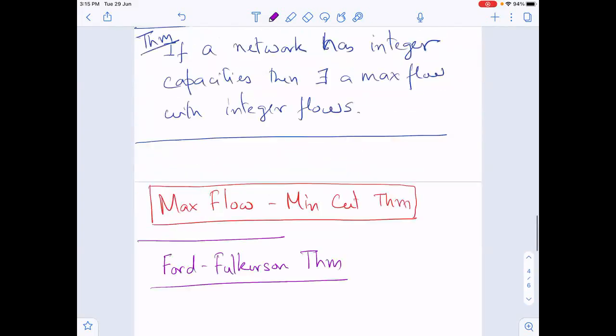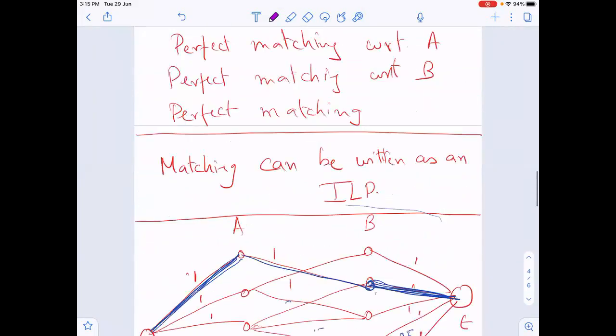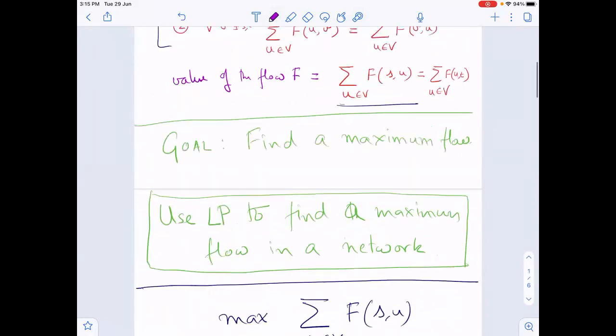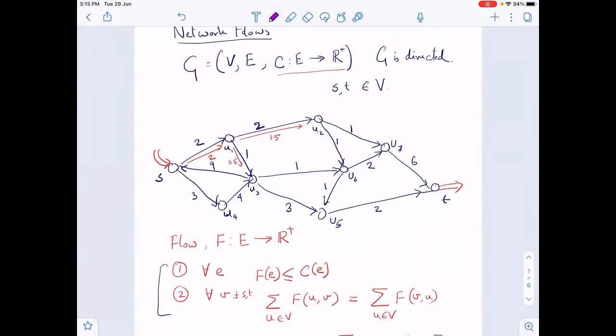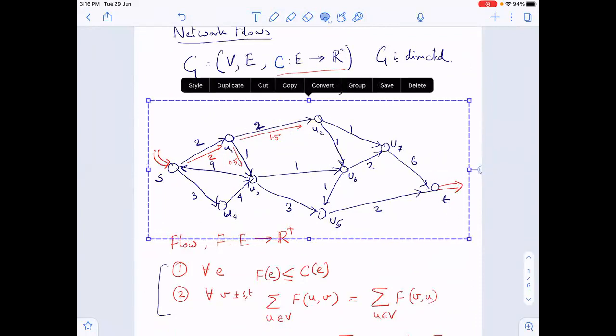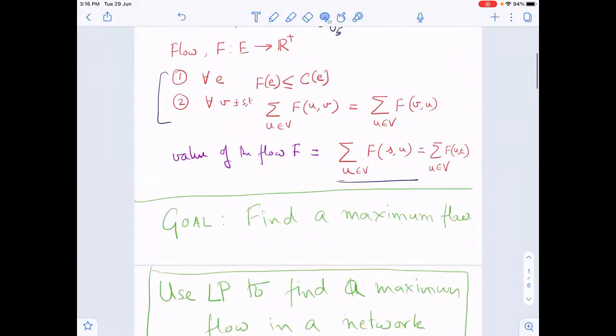Okay, so let me. I had this picture that was drawn earlier, right? I need to copy it. Maybe that will help my life.